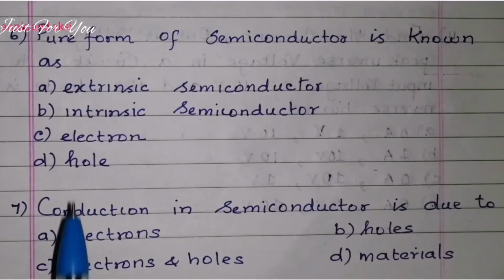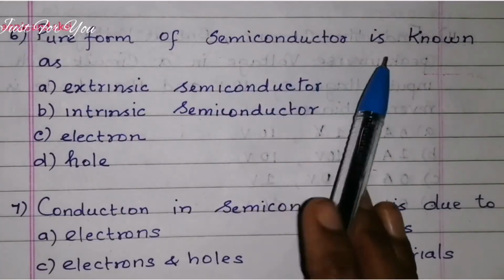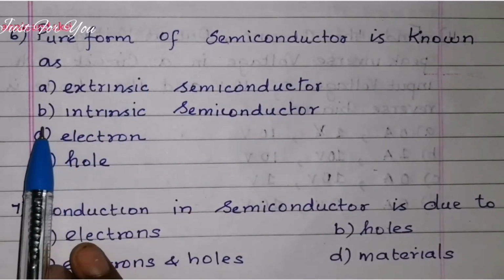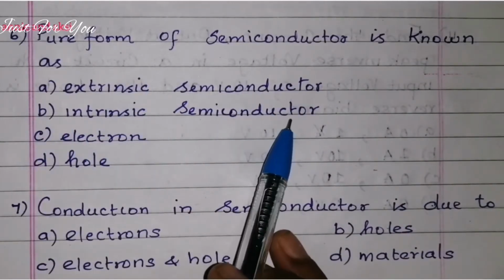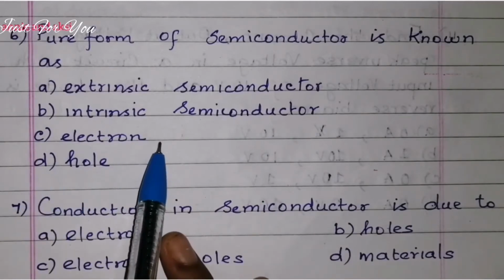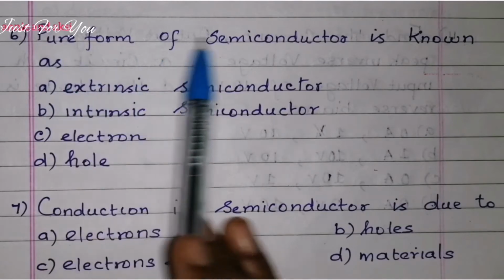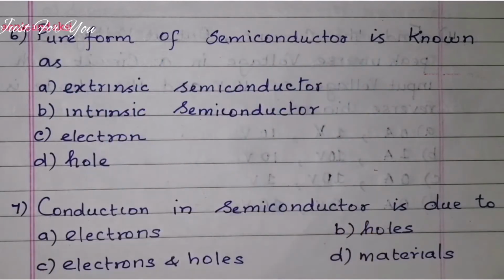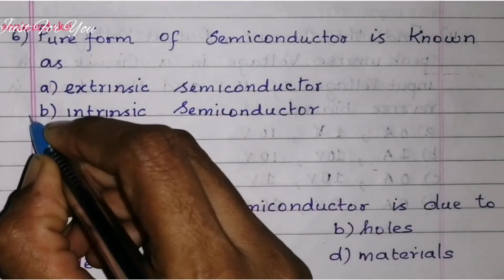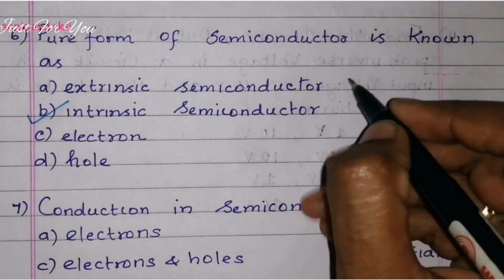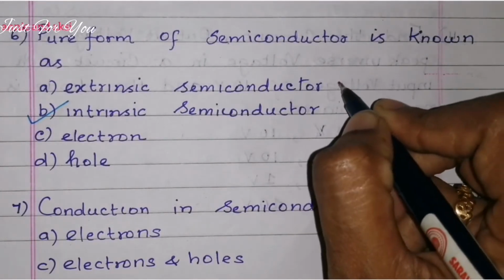Next question is, pure form of semiconductor is known as, option A extrinsic semiconductor, option B intrinsic semiconductor, option C electron, option D hole. The right answer is intrinsic semiconductor. If impurity is added to the semiconductor, then the answer is extrinsic semiconductor.